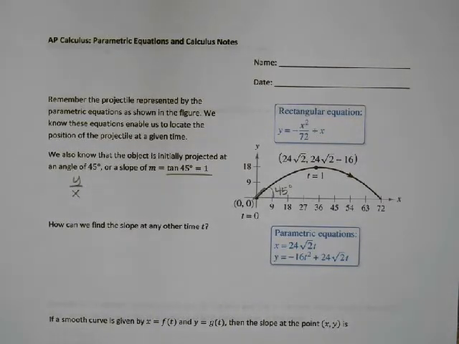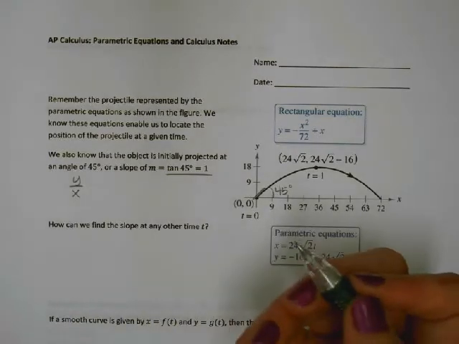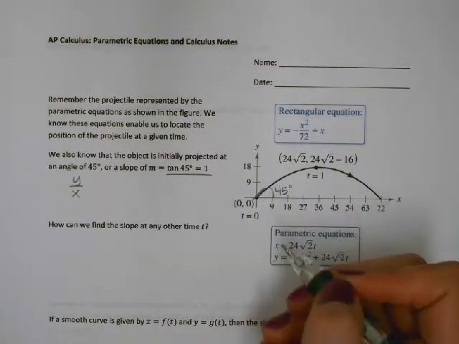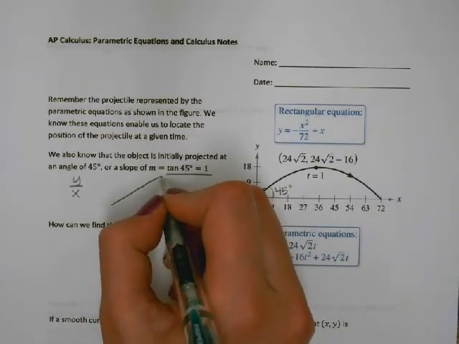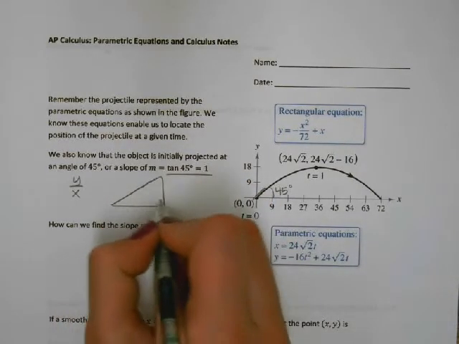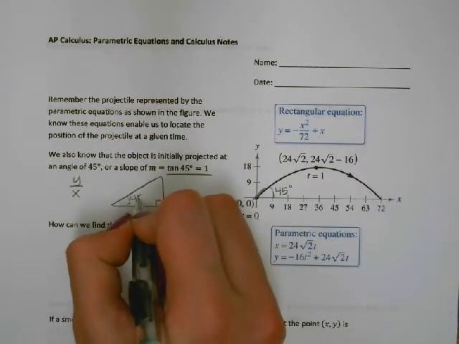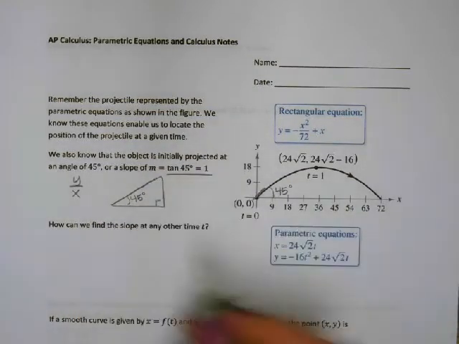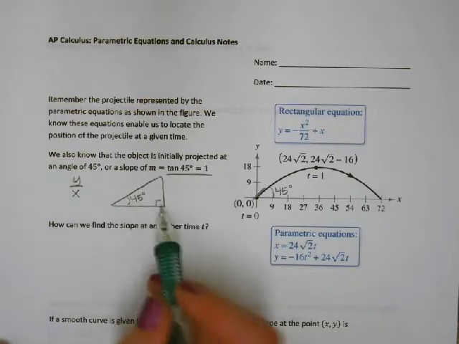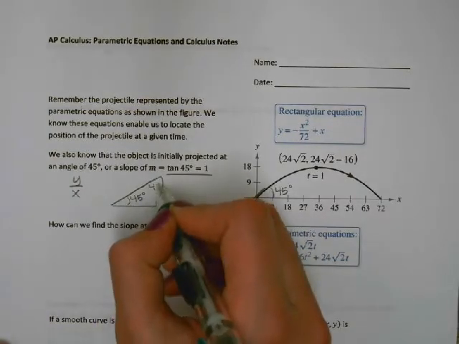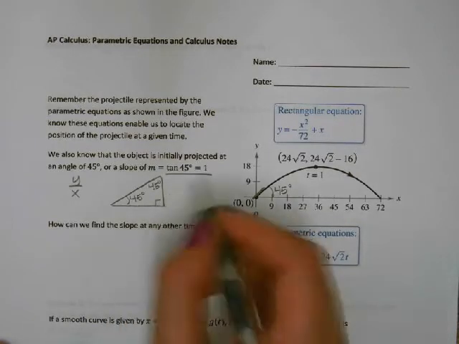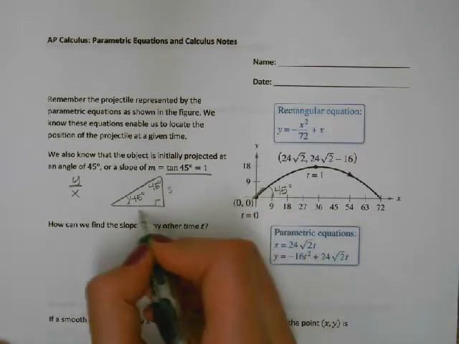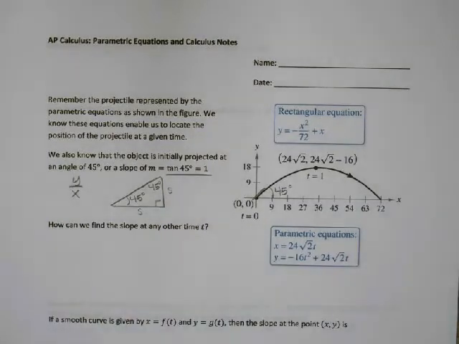So if you look at rise over run for a 45-degree angle, y divided by x, we're just going to think about triangles here. If I made a right triangle here, we would have a 45, 45, 90 triangle, and anytime that's the case, then this side, I'm going to call it S, and this side have the same length.